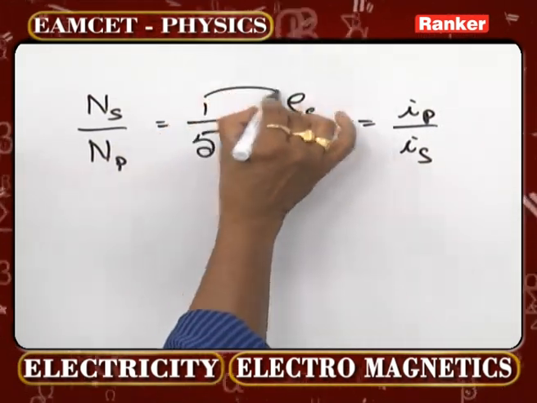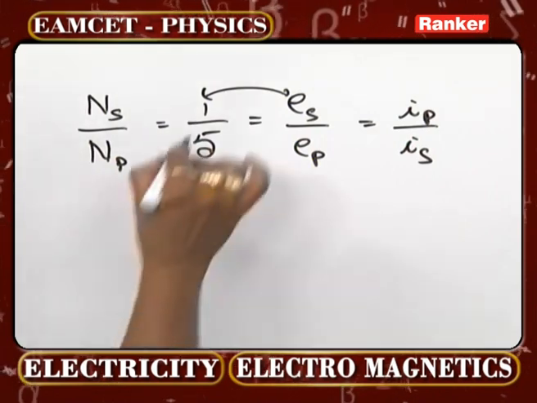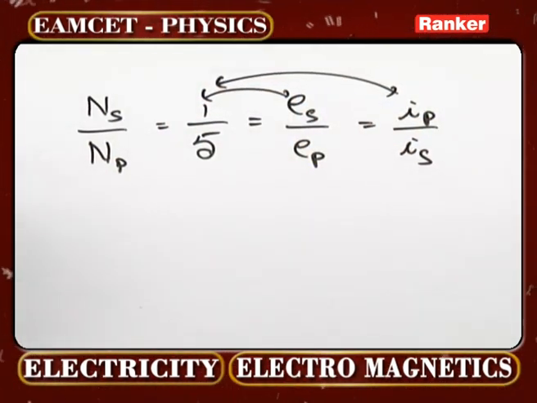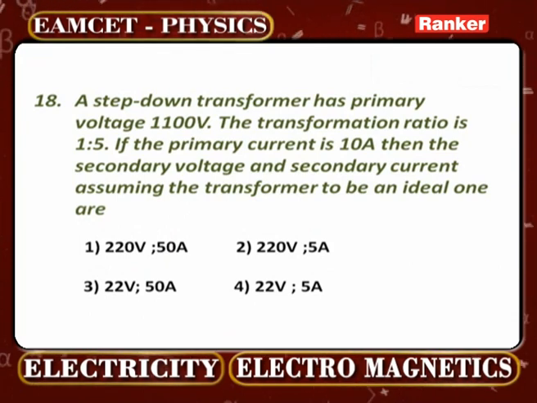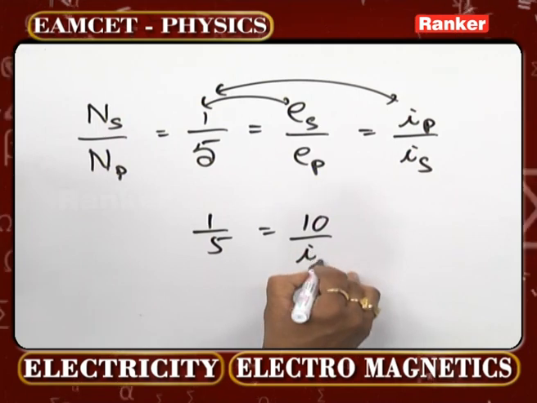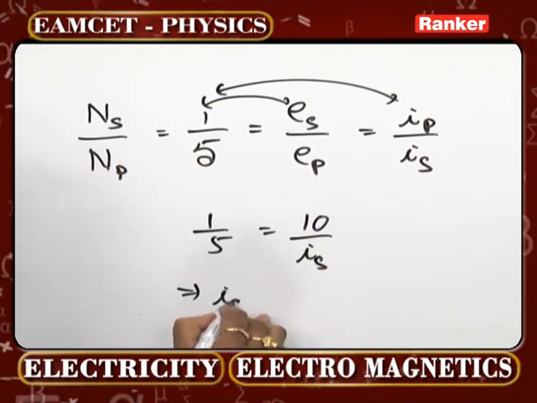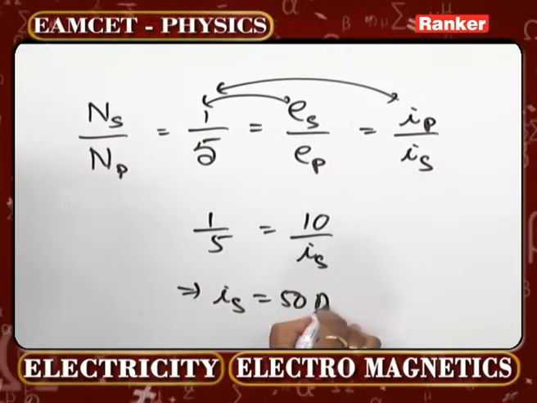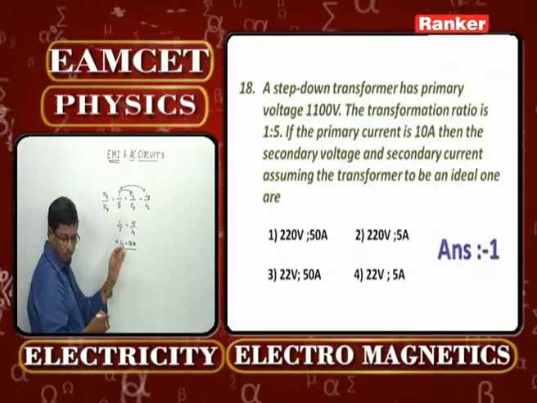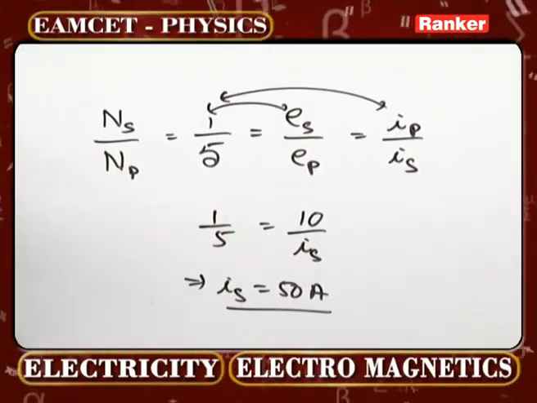Equate these two first, then equate these two later. You will be getting both the options he is asking for. So primary current is given as 10. So 10 by secondary current. So what will be the secondary current here? 50 ampere. So the secondary current must be 50 ampere. That is one answer. And what else has he given you?